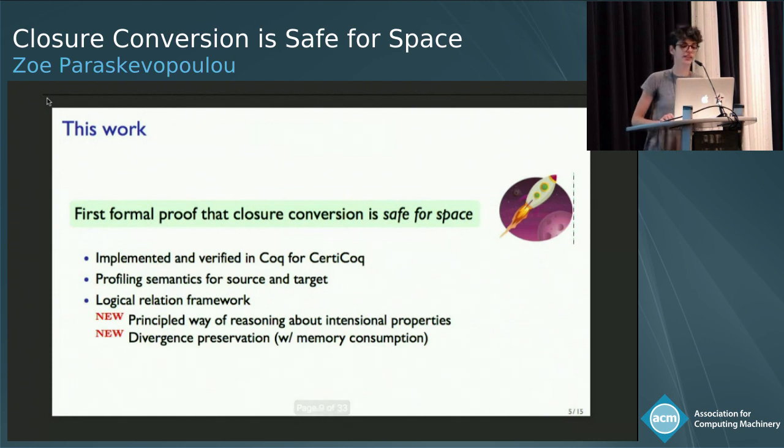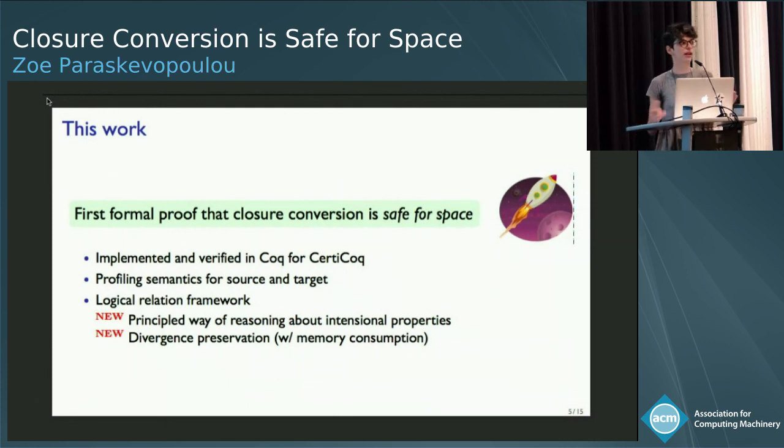Towards this end, we present the first formal proof that closure conversion is safe for space. This result is implemented and verified in Coq, and our transformation is part of the CertiCoq compiler. The two key technical ingredients that make this result possible are setting up a profiling semantics to give a cost model for the source and target languages, and a logical relation framework that allows us to reason about intensional properties in a principled way.